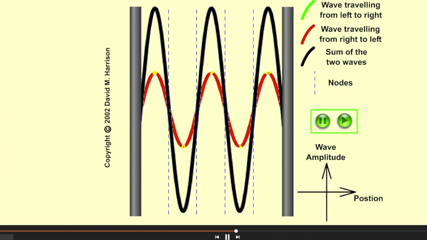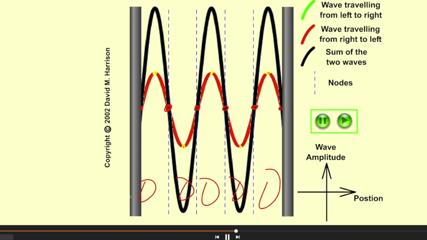But if you notice, at these points here, and let's highlight these with a different color, at these points along the dashed lines, the amplitude is always 0, because either we have perpetual destructive interference, or we get 0 plus 0. No matter what, we always end up getting no amplitude here. However, in these regions in between, we can get both constructive and destructive interference.